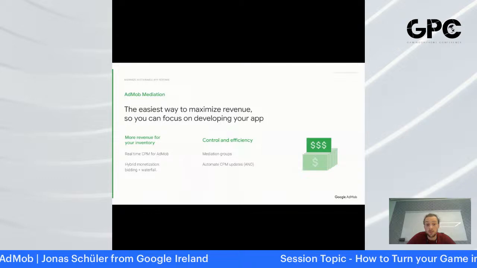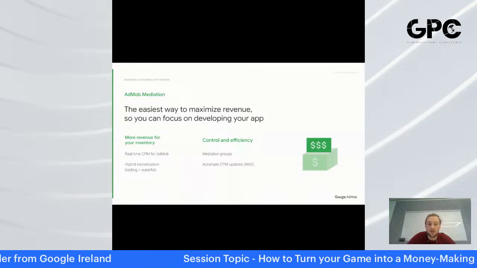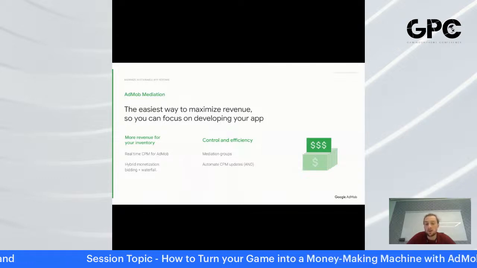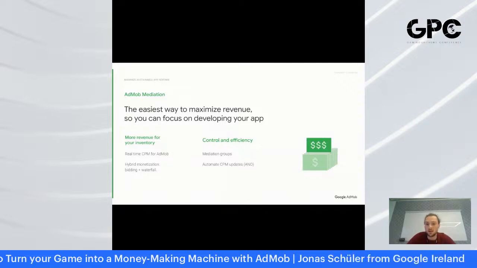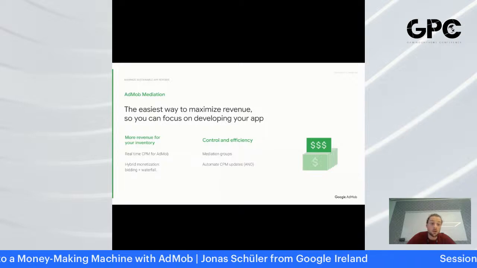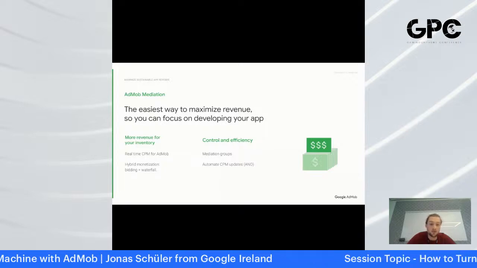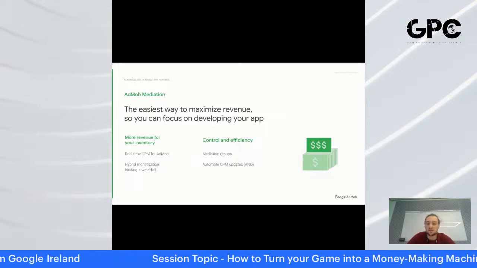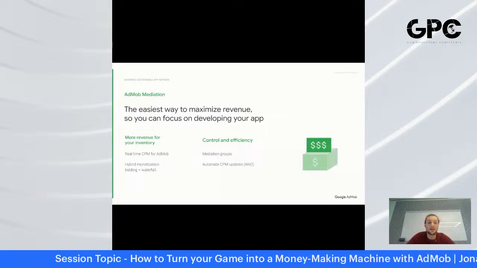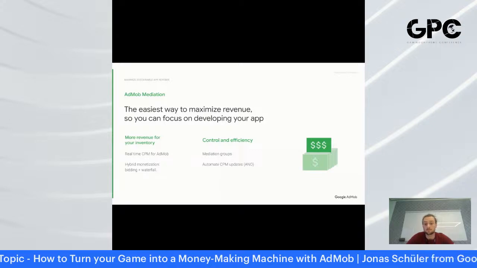You get more revenue from the inventory by having real-time CPMs for AdMob and also hybrid monetization with bidding and waterfall, which we are going to touch on in a second as well. And you have higher control and efficiency through mediation groups, for example, and you can automate CPM updates to have the best ad network optimizations.